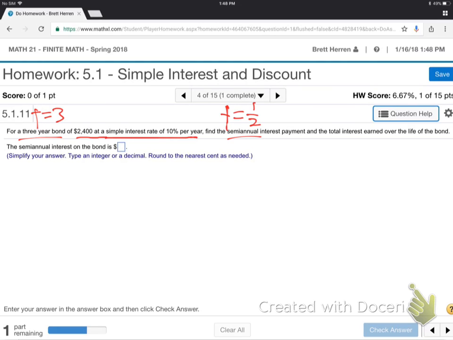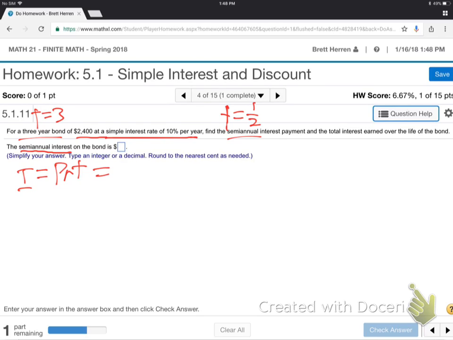They gave me those 2 times. It's just 2 separate problems. And it comes backwards too. They first mentioned the 3, but they're actually first asking me about the half-year question, the semi-annual.